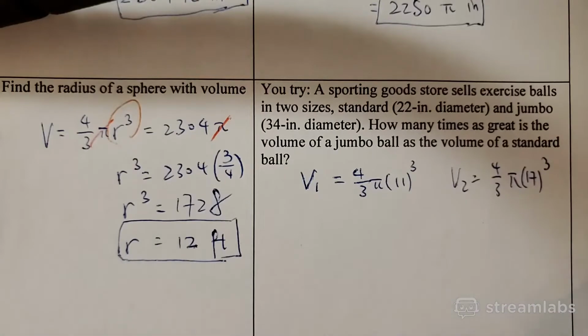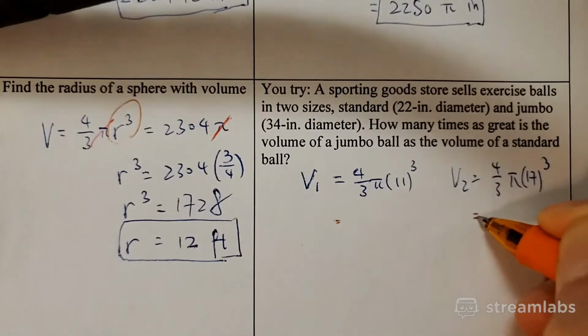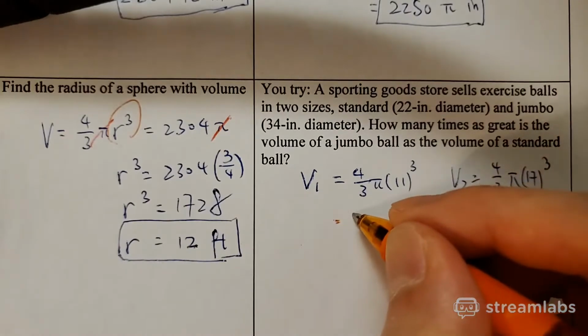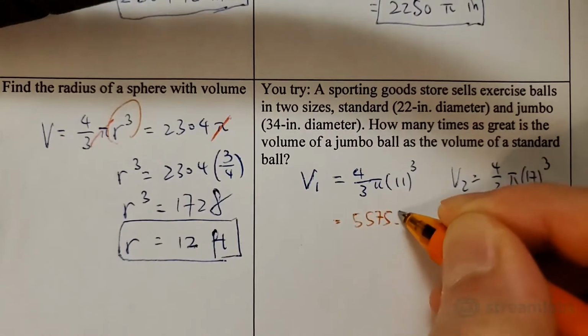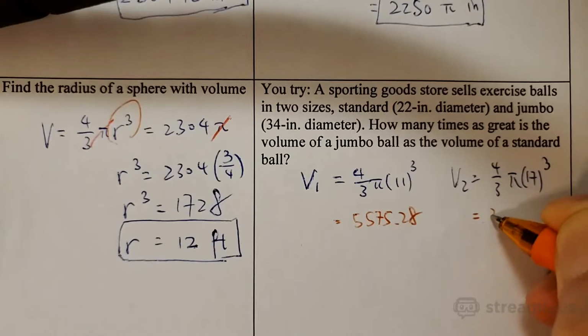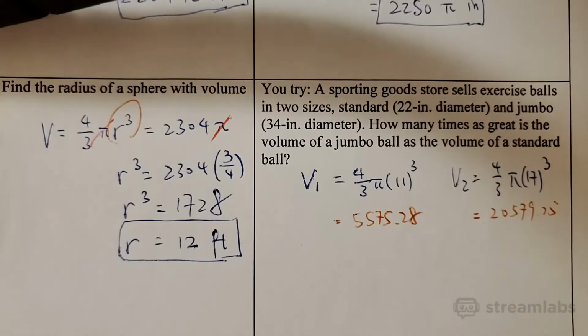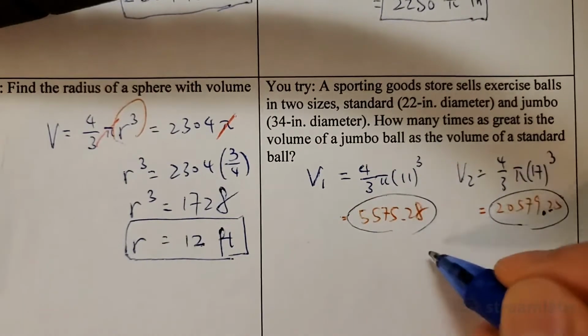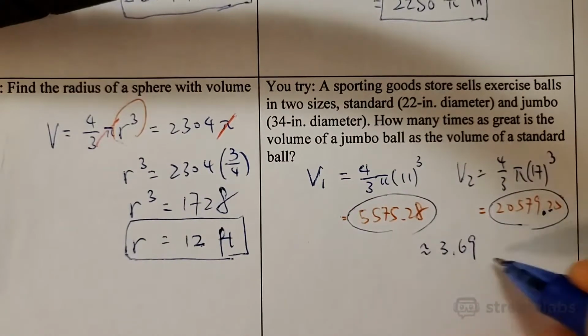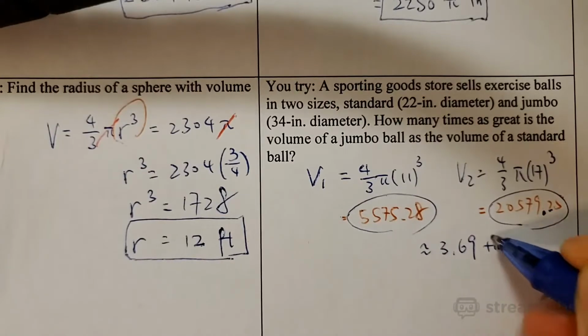You get 3.69, right? I'll take Jeremiah's answers. That's how much faith I had in him. After you get that, you divide this over that, and the answer would be about 3.69 times, right?